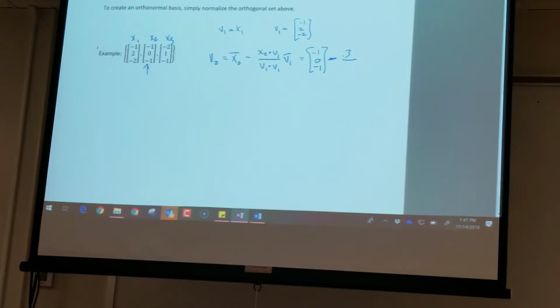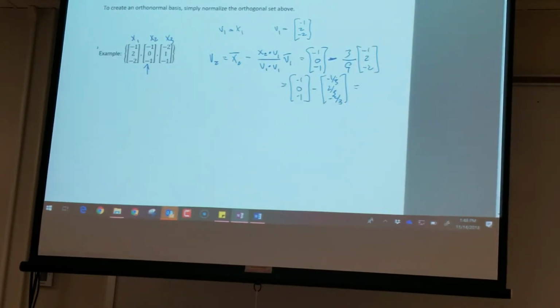And then v1 dotted with v1 is 1, 4, 4, so 9. And then this is being multiplied by v1, minus 1, 2, minus 2, so minus 1, 0, minus 1, minus, this is 1/3, right? Negative 1/3, 2/3, negative 2/3.